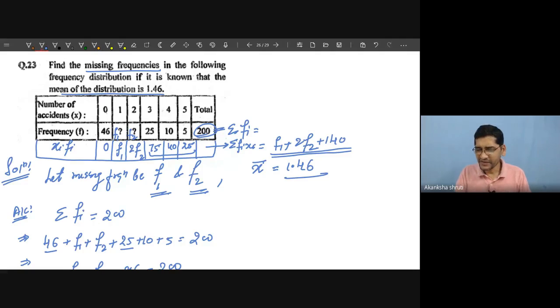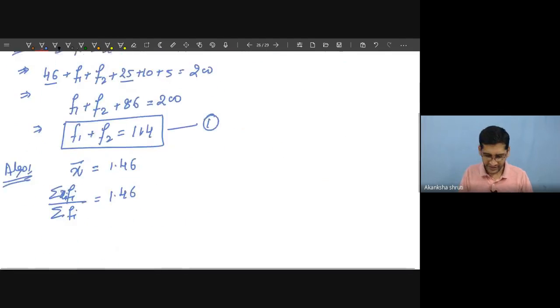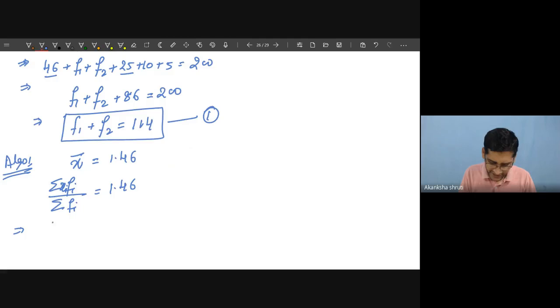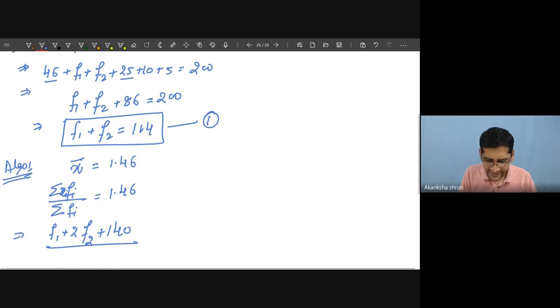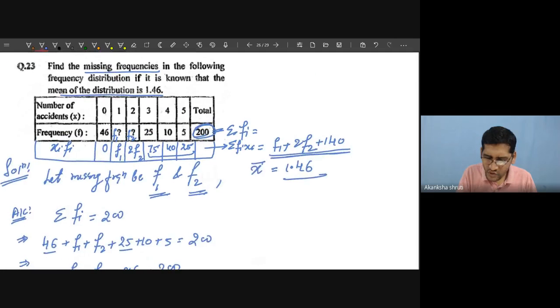Okay. So our summation of fixi is F1 plus twice of F2 plus 140. So in the numerator itself we have F1 plus twice of F2 plus 140, divided by summation of Fi, which is already given as 200.